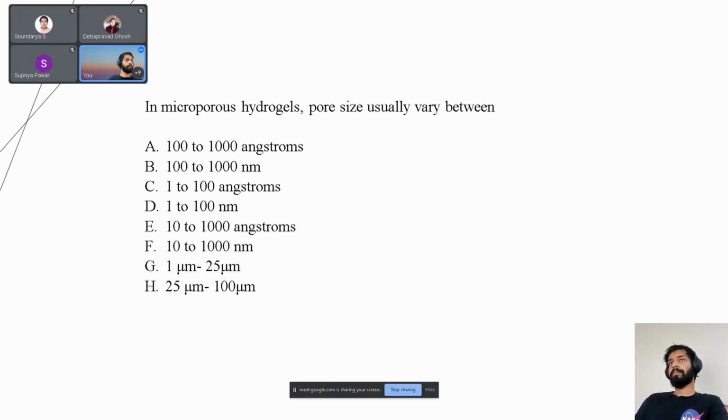You're saying option C, 1 to 100 angstroms, or E maybe, 10 to 1000 angstroms. Option E is the answer. Okay. 10 to 1000 angstroms is a very big range. Microporous hydrogels are usually in the range of 100 to 1000 angstroms, so 10 to 1000 angstroms is quite a huge range, right?